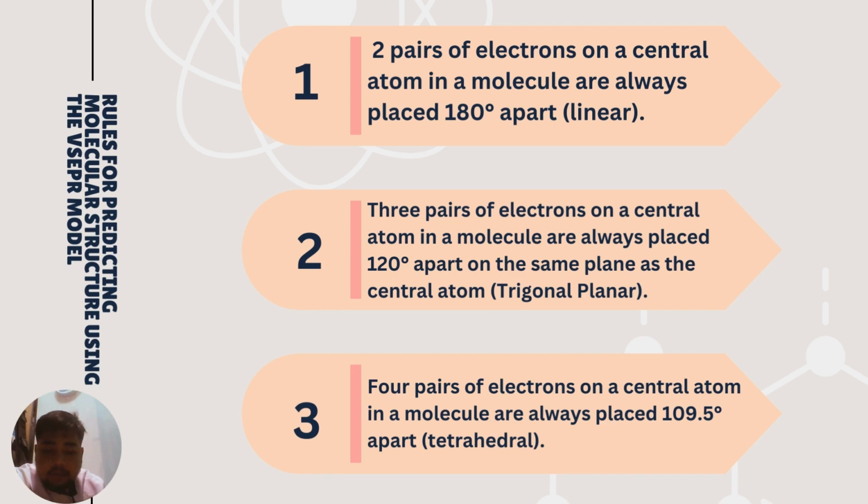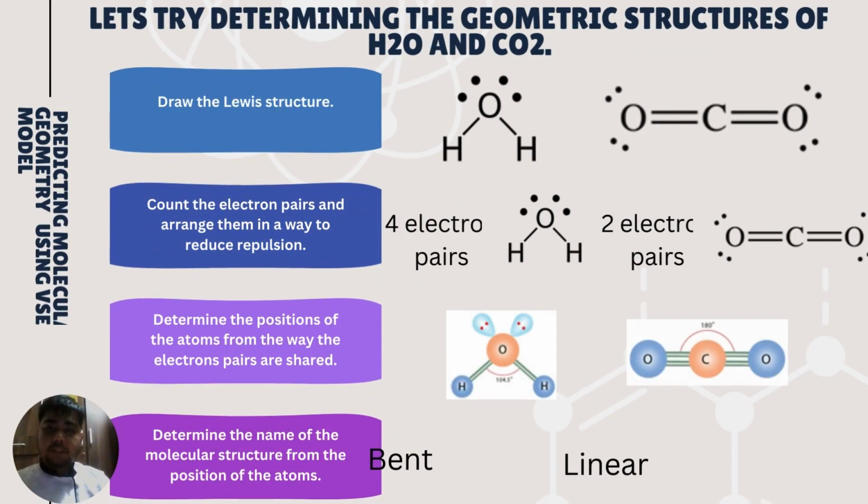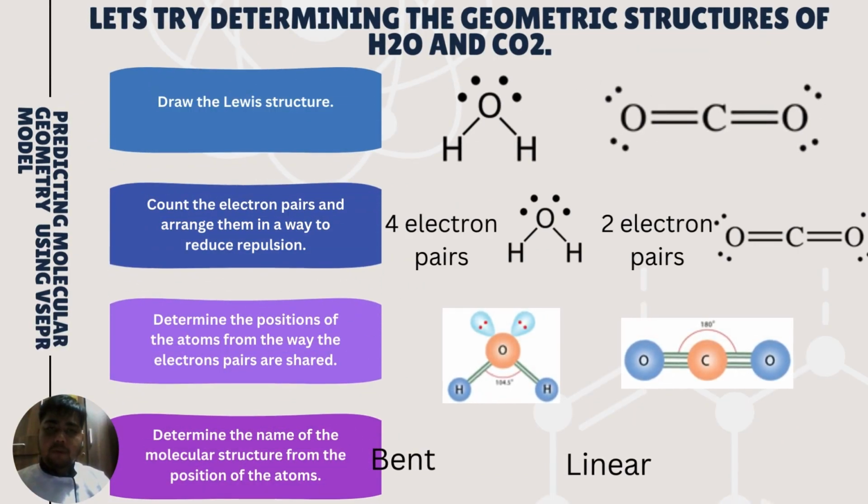The third is four pairs of electrons on a central atom in a molecule are always placed 109.5 degrees apart. And again, if there are lone pairs, then the distance between the bonding pairs will decrease. Let's try determining the geometric structure of H2O and CO2 with these four steps.